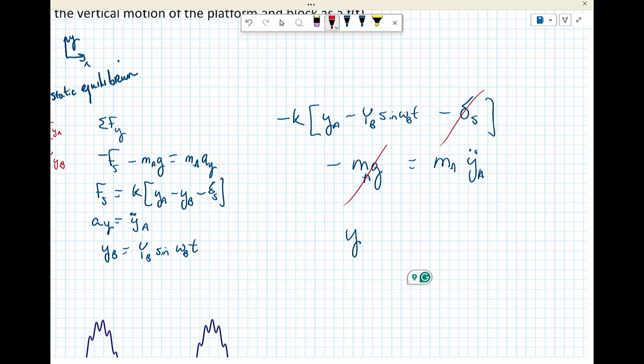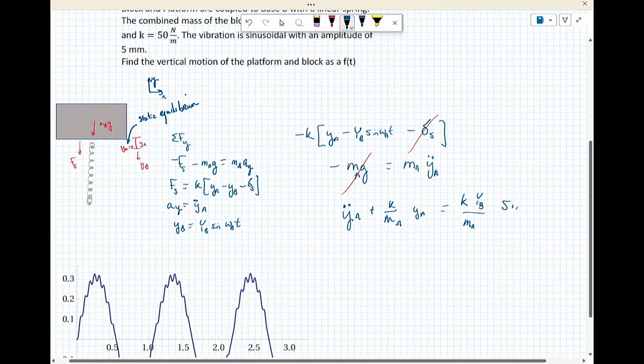Then you have mass and terms. So you can write y double dot a plus k over m a ya equals k yb over m a sine of omega b t.